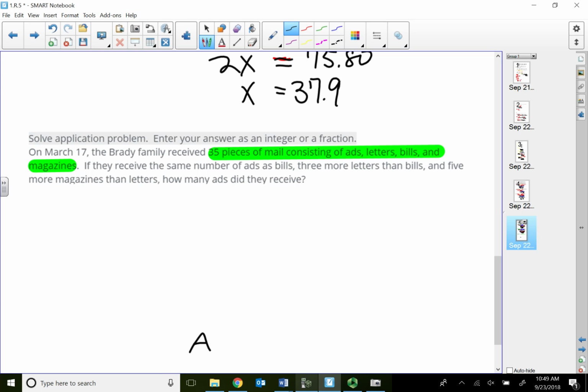So that will be ads plus letters plus the bills plus the magazine. Together, it's going to equal 35 pieces of mail.